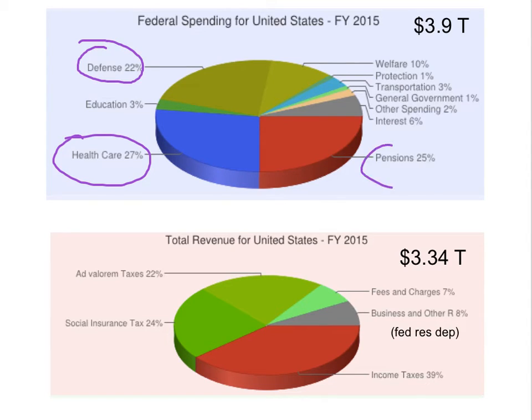Pensions, for federal workers and a lot of workers of the government, are also large. Interest on the debt is actually going to be a growing percent of the budget as we obviously have additional debt and have to borrow more money. So those are the main aspects of federal government spending.